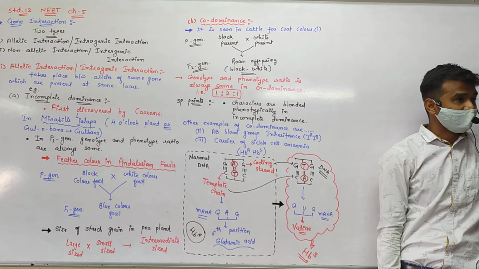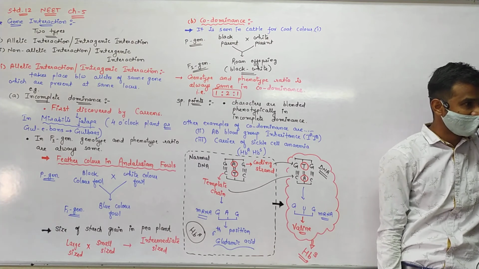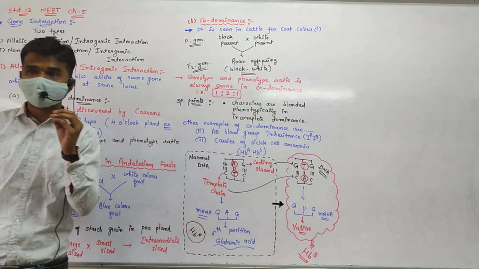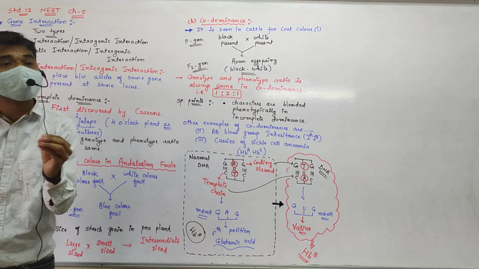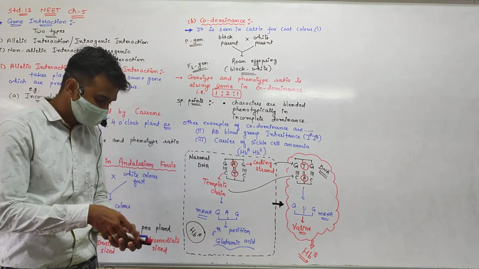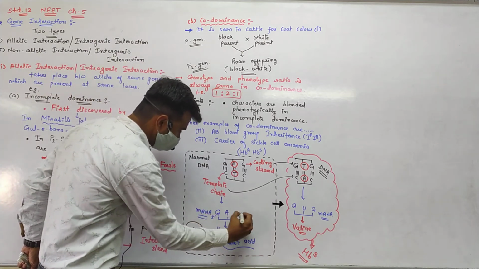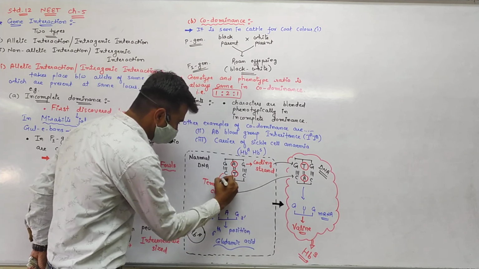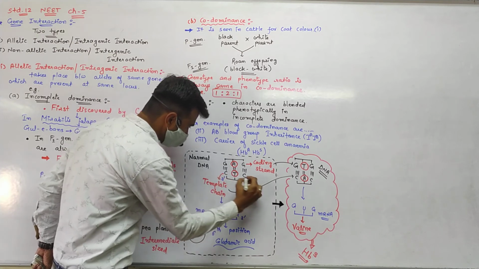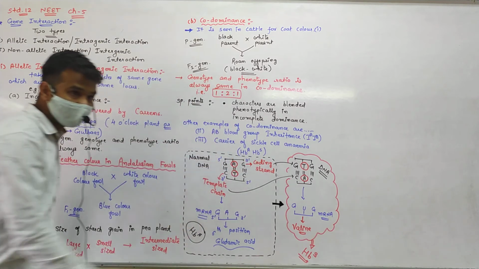Now, if you think about the direction, transcription is always in the direction of 5' to 3'. So I can now write the direction here: the 5' to 3' mRNA, which is formed from the 3' to 5' template DNA, which is complementary to the 5' to 3' coding strand.